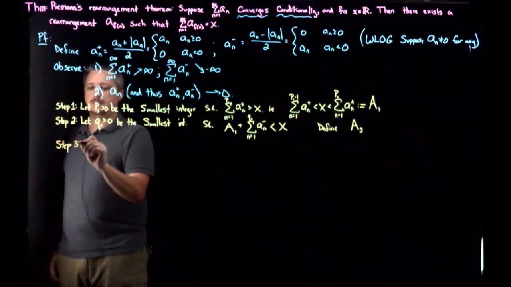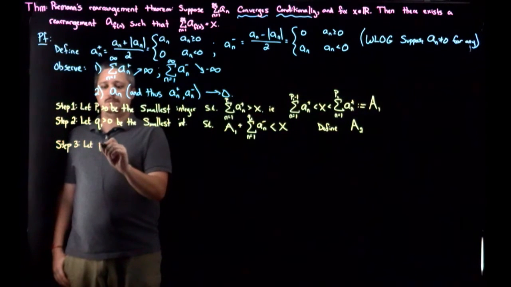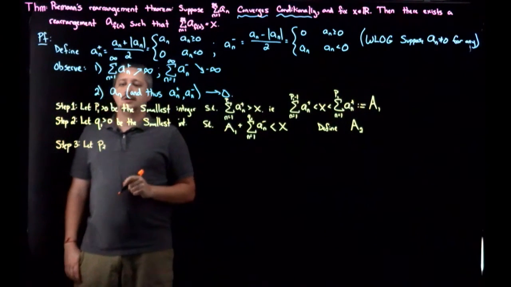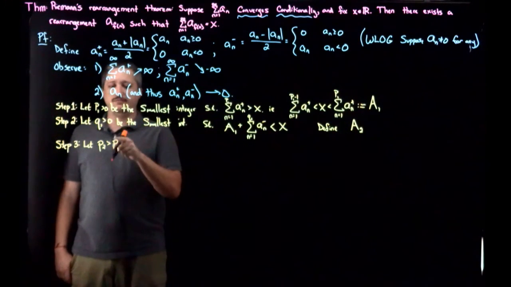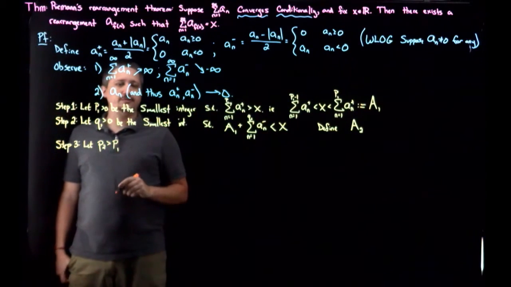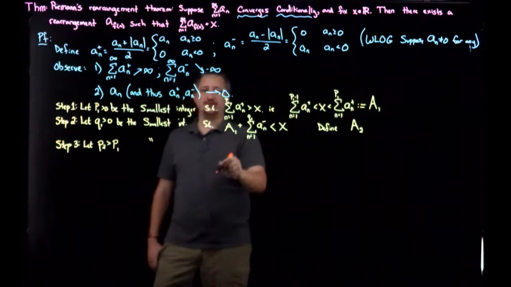Step 3. So now I'm going to let P2, so now I'm not going to be greater than 0, I'm going to be strictly greater than P1. Again, strict. This is actually important. So I'm just going to write this little quote here, be the smallest integer such that.